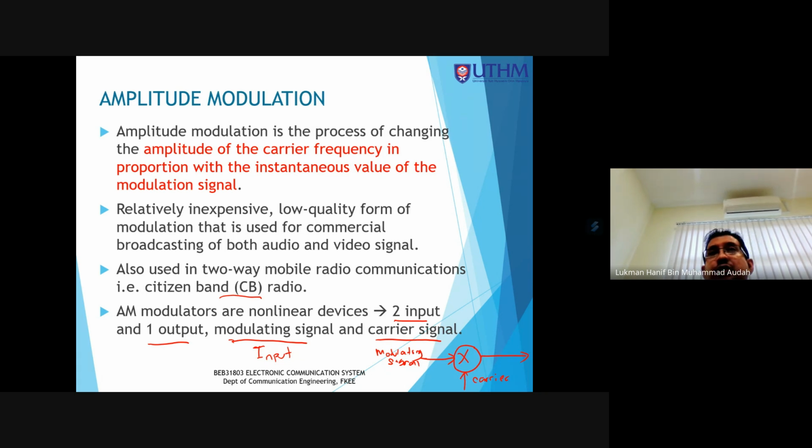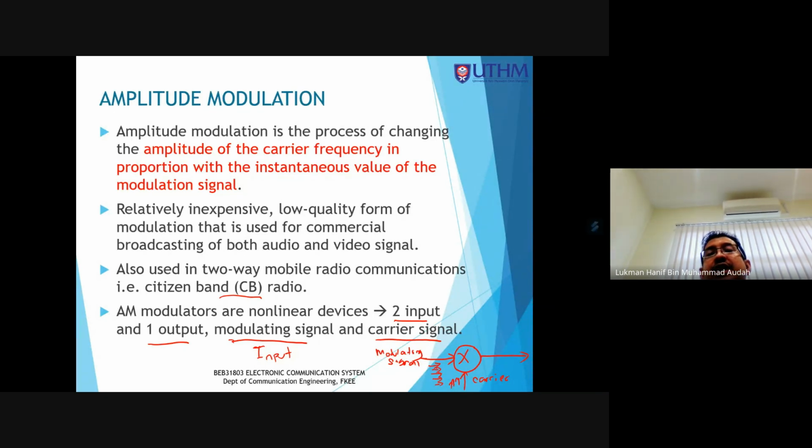I told you in chapter 1 that actually we can have many inputs and one carrier, or we can also have many inputs and many carriers.